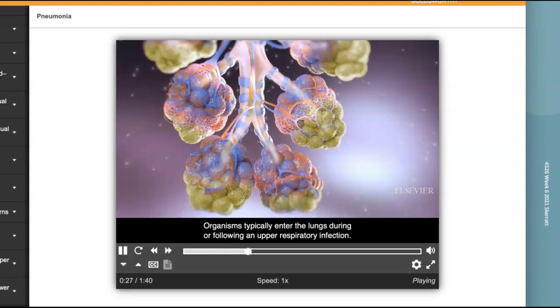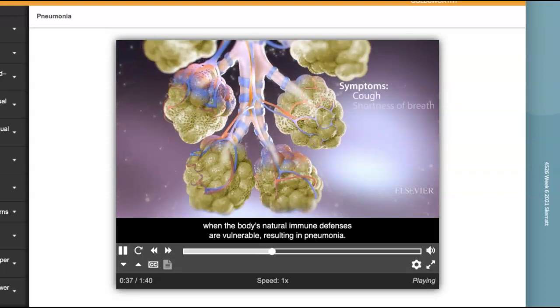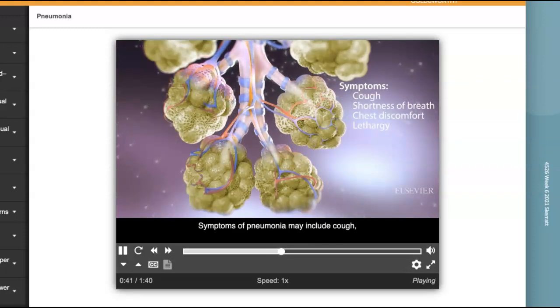The alveoli fill with purulent material when the body's natural immune defenses are vulnerable, resulting in pneumonia. Symptoms of pneumonia may include cough, shortness of breath, chest discomfort, and lethargy. Symptoms of bacterial pneumonia are usually more severe, include a high fever, and have an abrupt onset.